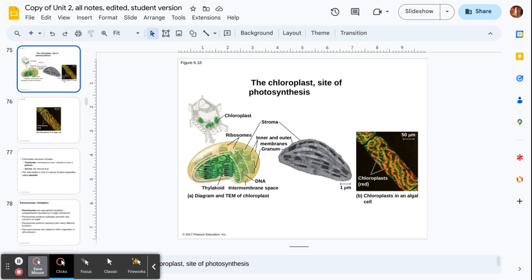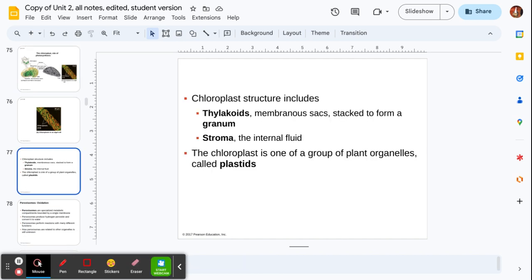The structure of the chloroplasts includes little membrane sacs called thylakoids that are stacked up to form what are called, let's make it green because we're talking about chloroplasts, so one of those is a thylakoid.